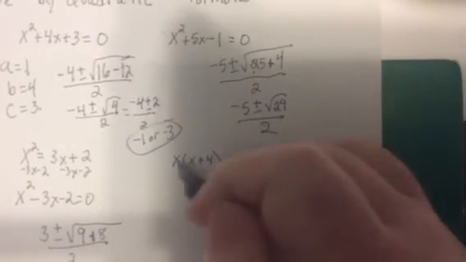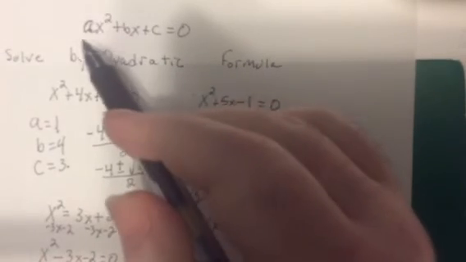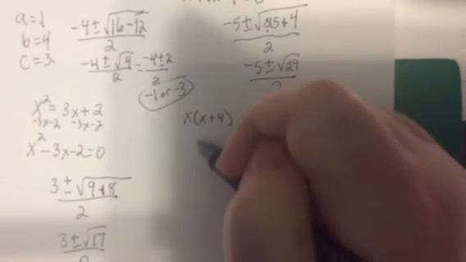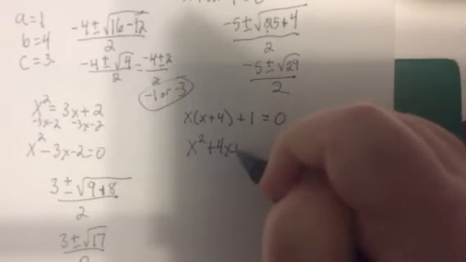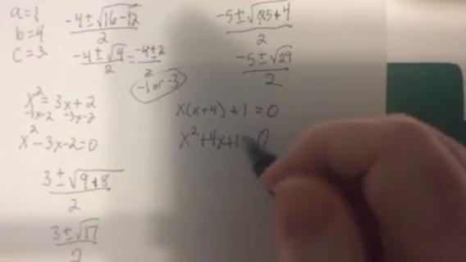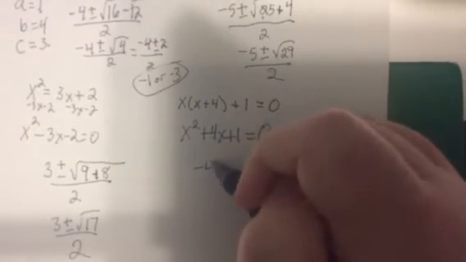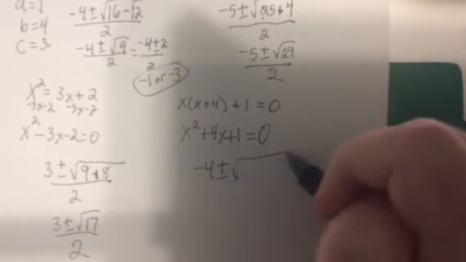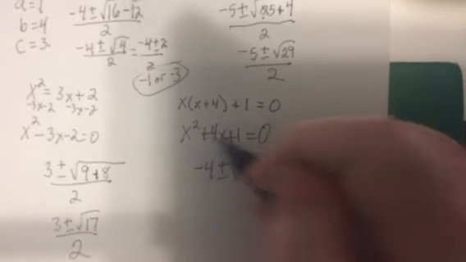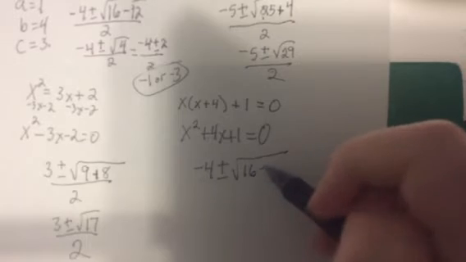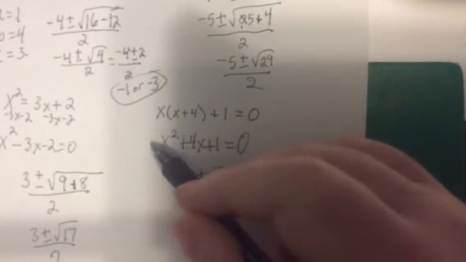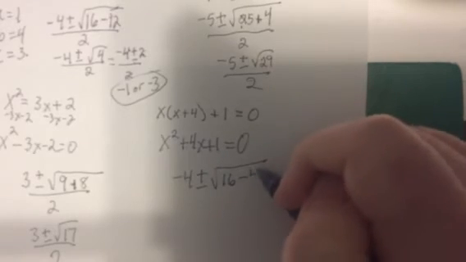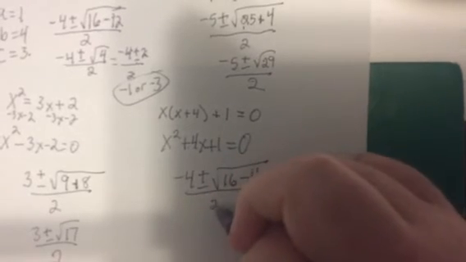This one, I need to distribute the x, so I get it in this form, ax squared. So x squared plus 4x plus 1 equals 0. So negative 4 plus or minus the square root of b squared, 4 squared is 16, minus 4ac, that would be minus 4, all over 2a.